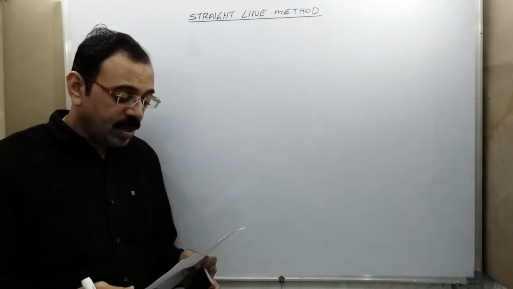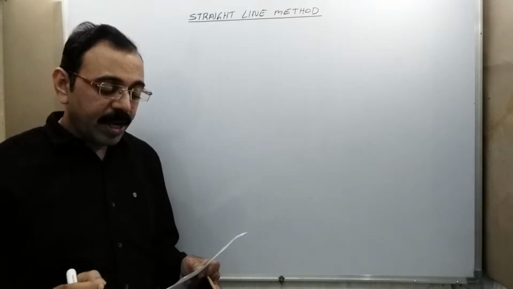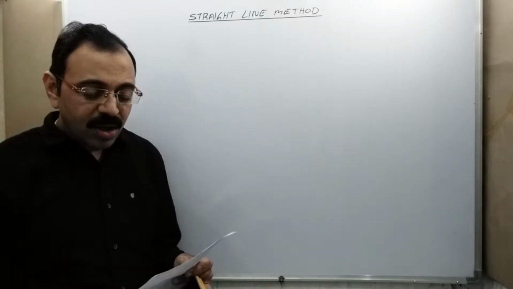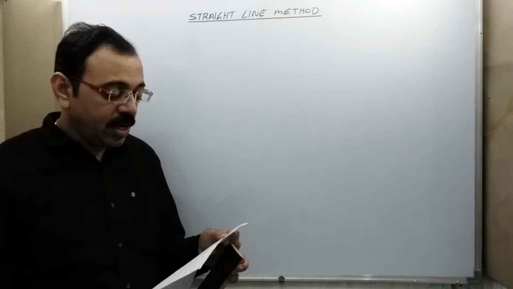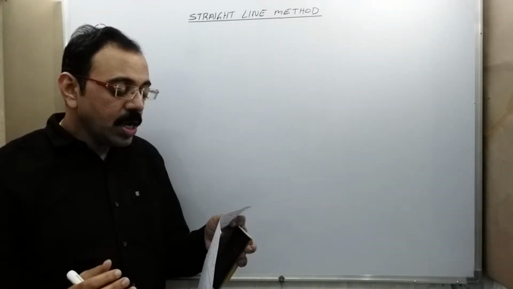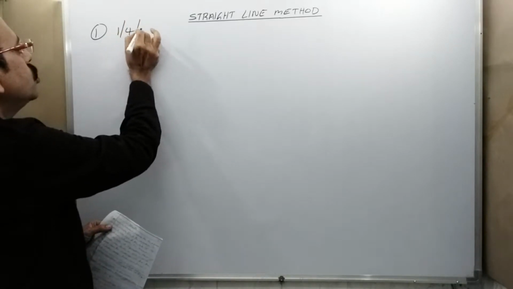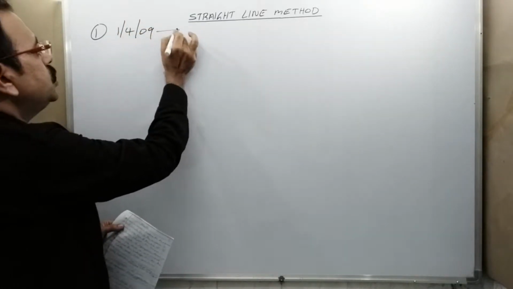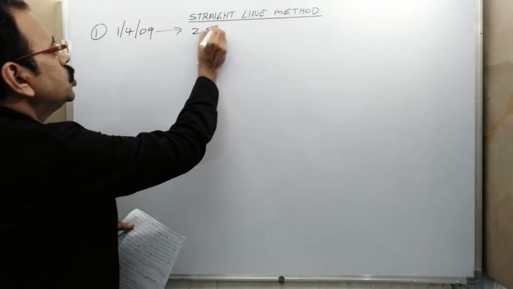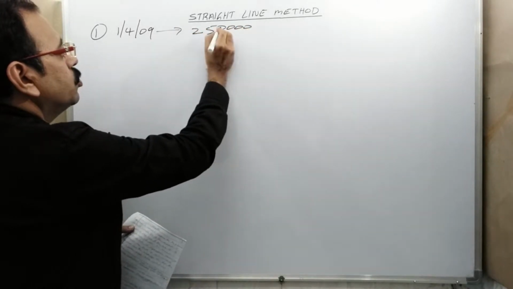See the question. Sri Sai and company purchased a machine for 2,50,000 on 1st April 2009. On 1st April 2009, they purchased one asset for 2,50,000 rupees.